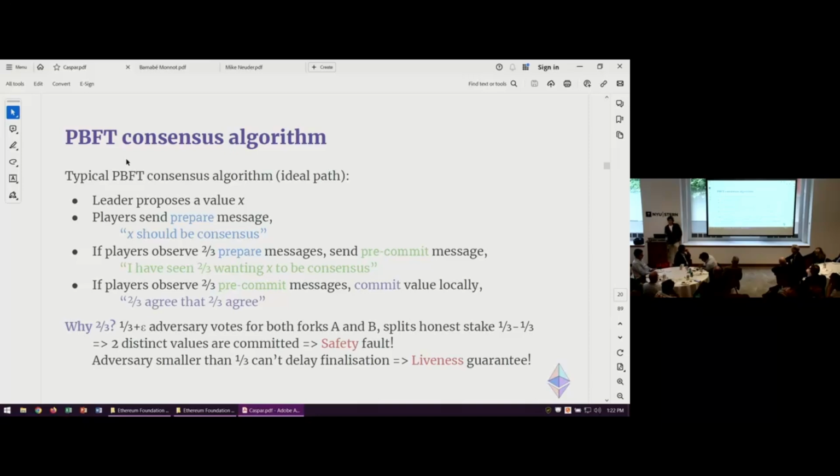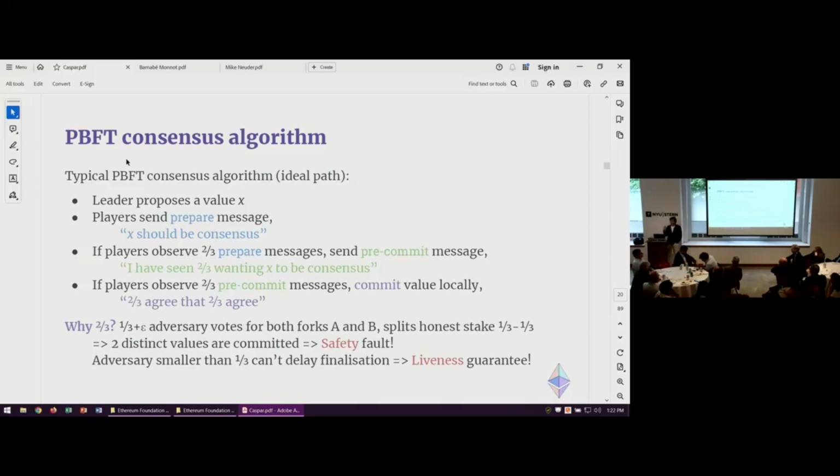So the block is proposed, and then a bunch of the consensus participants vote on it. If the block's valid, proposed on time, and so on, you will probably want to vote for it as canonical. So you send a message that says, I think this block should be consensus.